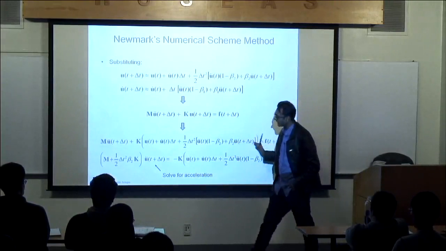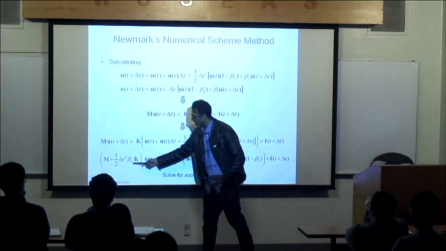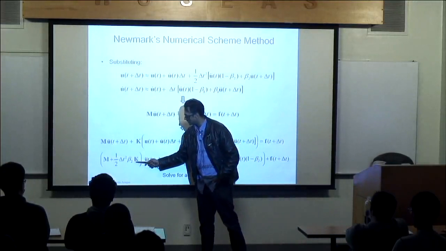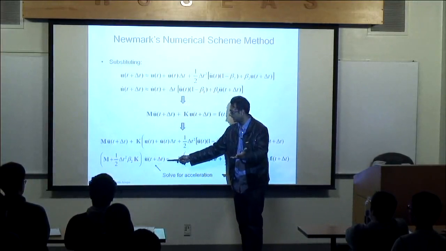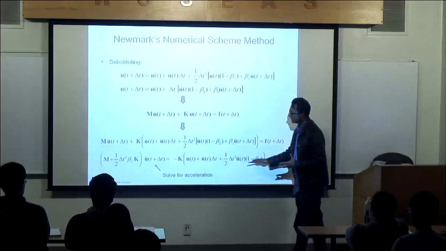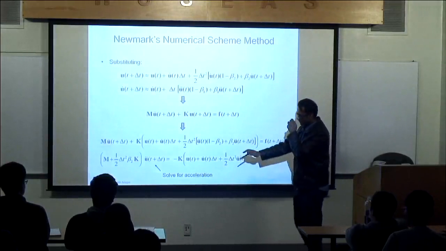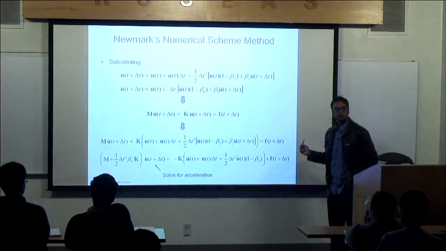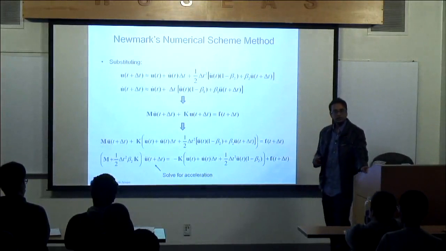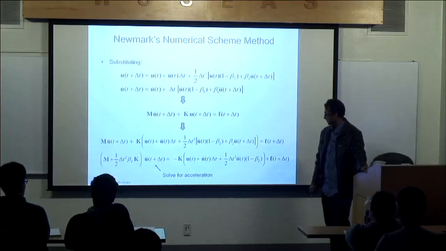I'll factor that out so that I only have M plus 1/2 Δt squared β2 K times the acceleration term in the future, now equal to the rest of it. So what I've done is brought the rest of it to the other side of the equation, on the right-hand side. Okay, I'll let you stare at this for a minute.